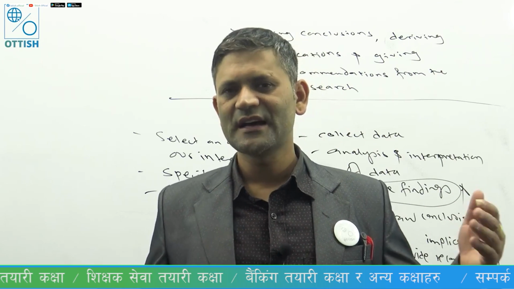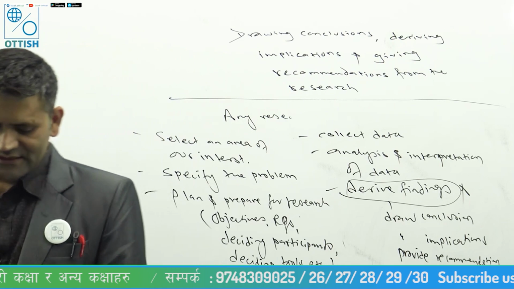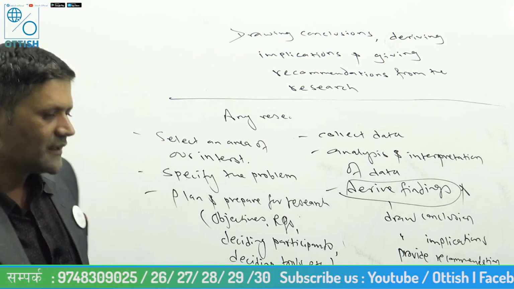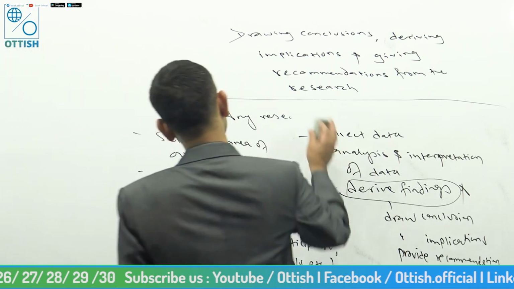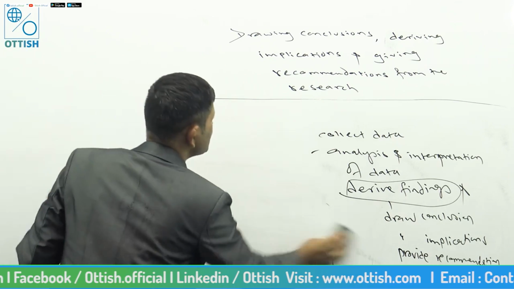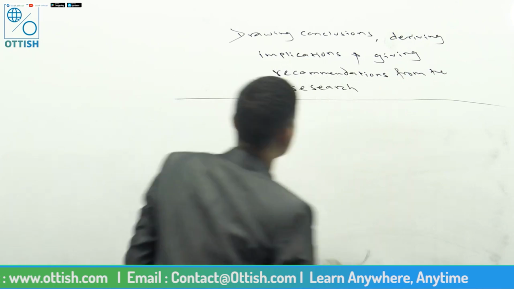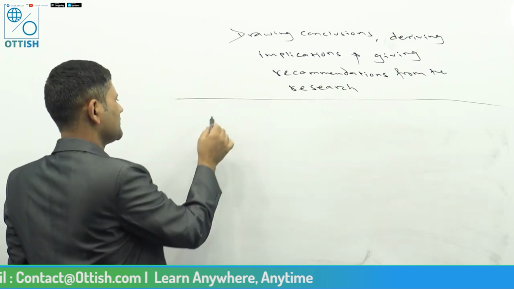And we collect the data, analyze, interpret, draw findings, conclusions, implications, and recommendations. So here in your topic you see the conclusion, how to draw conclusion. This conclusion is the gist.